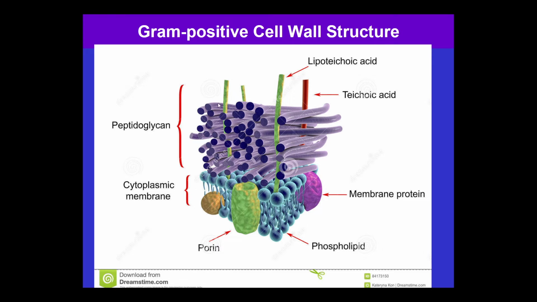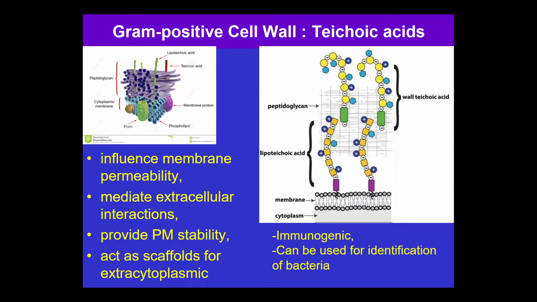And that is the cytoplasmic membrane that also can be modified with membrane proteins, porin proteins, and some other proteins that participate in the transportation, nutrition of bacteria and excretion by bacteria.